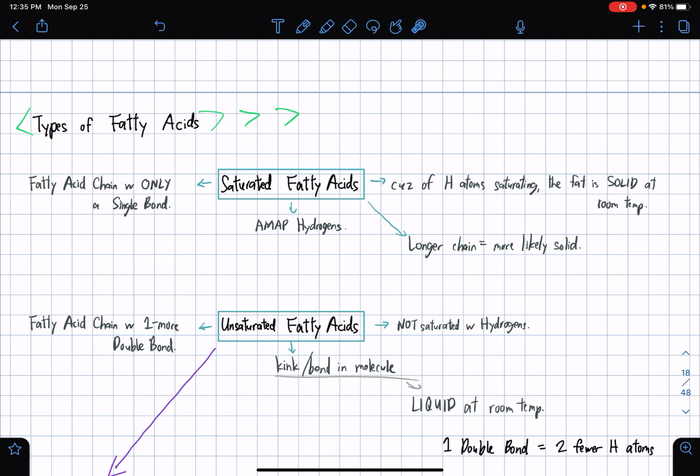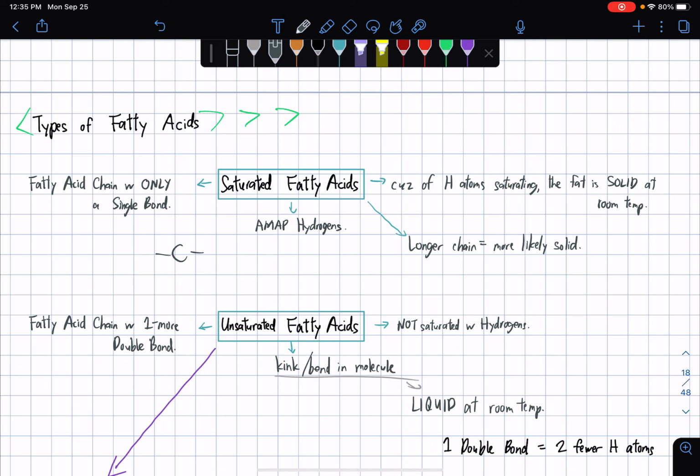Saturated fatty acids include as many hydrogen atoms as possible, since there are only single bonds. So imagine a carbon atom and then there are 4 hydrogens. Add another carbon atom and we have something like this. There are all single bonds connecting each.